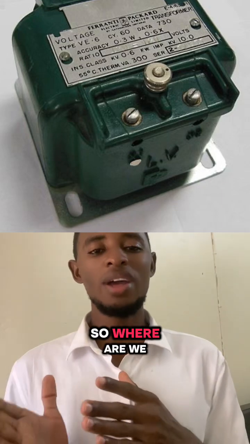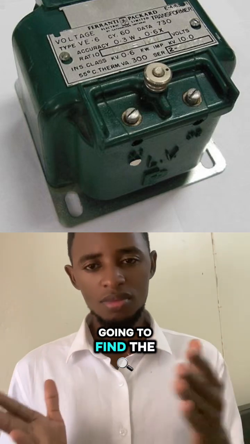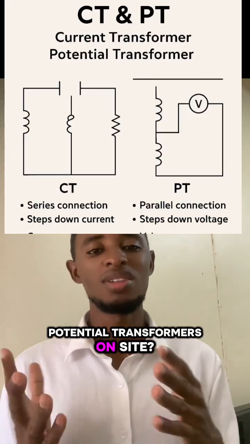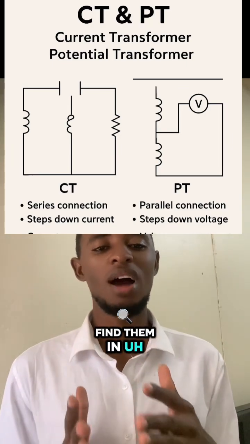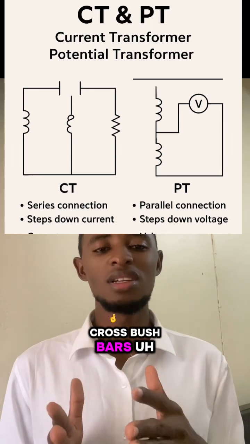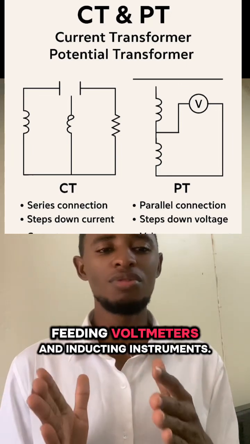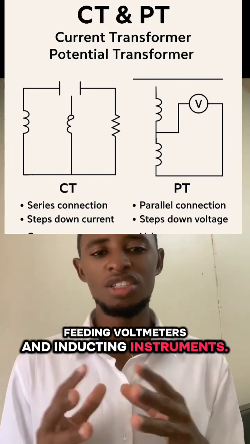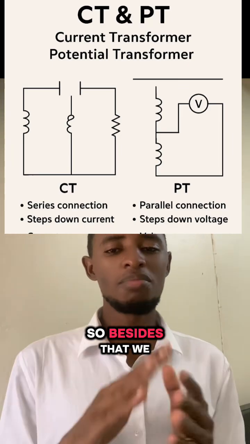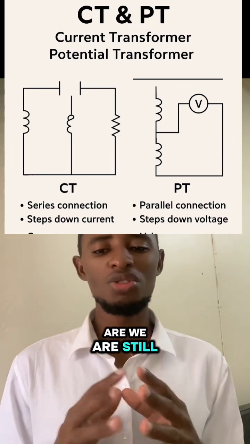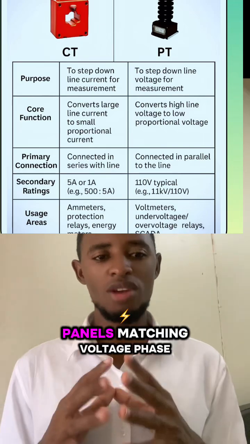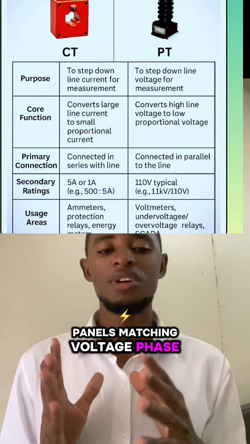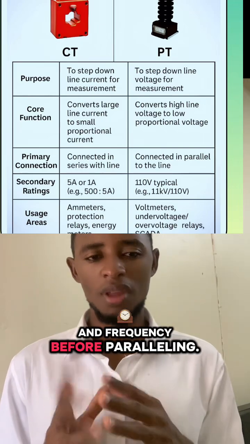So where are we going to find the potential transformers on site? We find them on busbars, feeding voltmeters and indicating instruments. Besides that, we find them in synchronizing panels, matching voltage, phase, and frequency before paralleling.